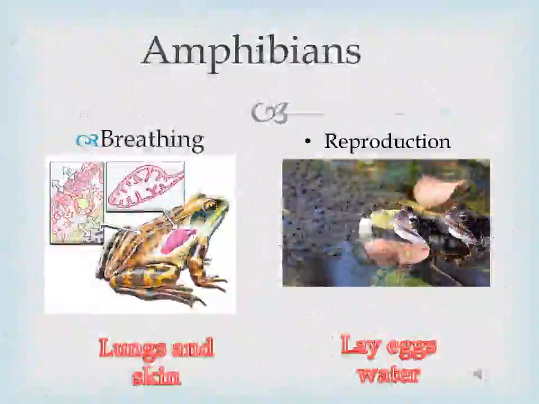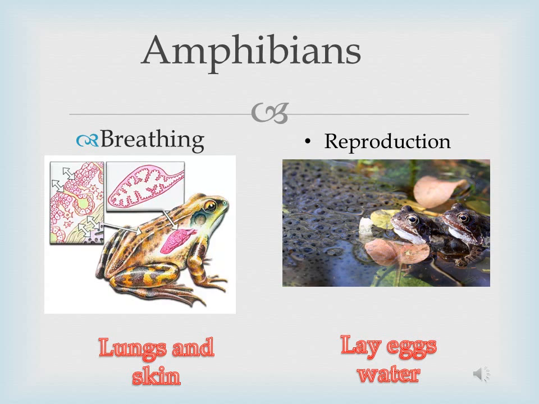To breathe, amphibians need lungs and their skin, but in some cases when they are babies they need gills to be able to breathe. They reproduce by laying eggs, but they do it in water.